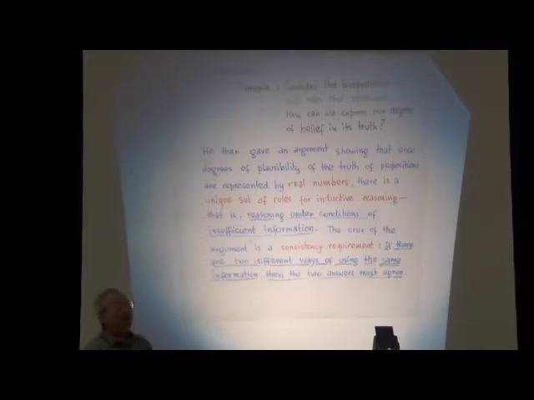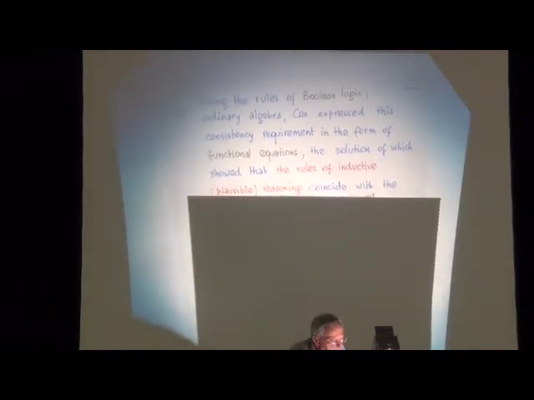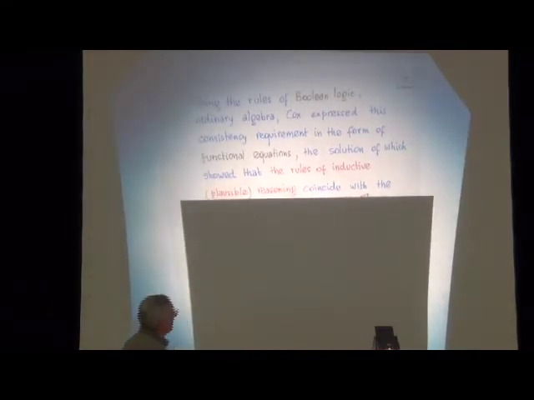So we have to require consistency, which means if I have two or more ways of calculating this probability, then the results have to be the same. This consistency requirement, he used Boolean logic, essentially algebra.